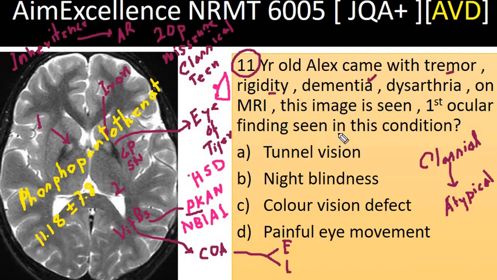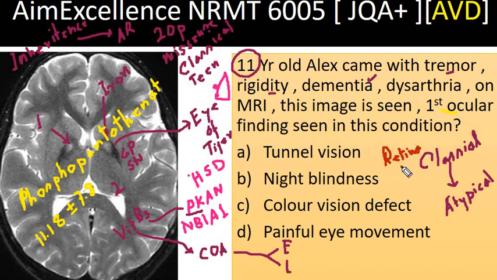Now the question here: which is the first ocular finding? We understand there is neurodegeneration going on, so it affects the retina, and it will lead to a retinitis pigmentosa like syndrome.